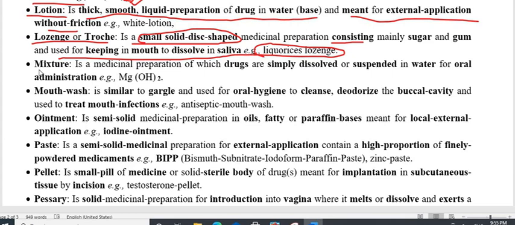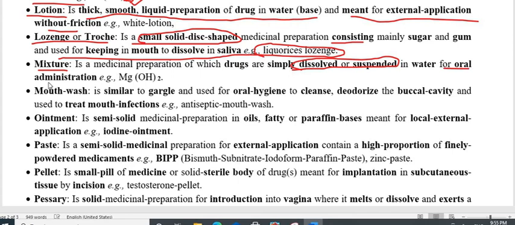Now we have to go through another dosage form. Mixture. This is a liquid preparation. So this is another liquid preparation in which various medicinal preparations are mixed together, and usually the mixture should be either in dissolved form or suspended form in oil, for oral administration.